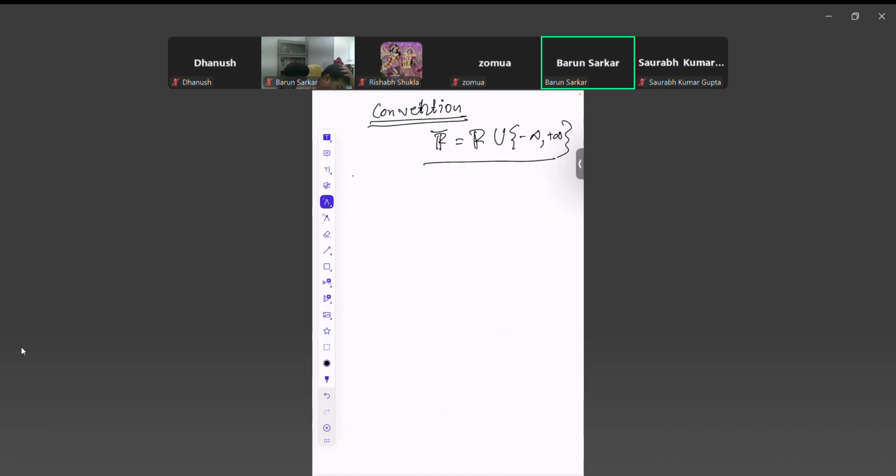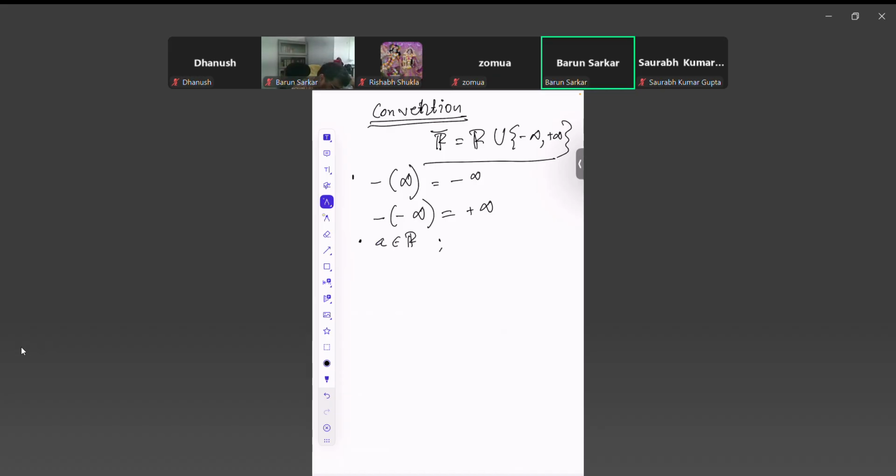Now, some conventions: what is minus of minus infinity? It is plus infinity. And what about a, where a belongs to any real number?